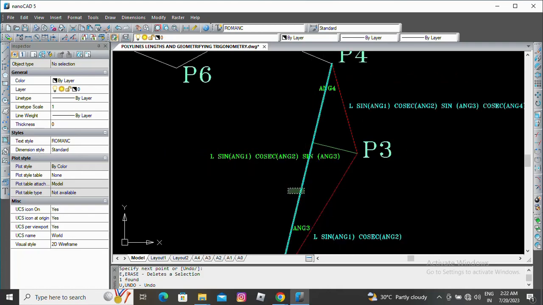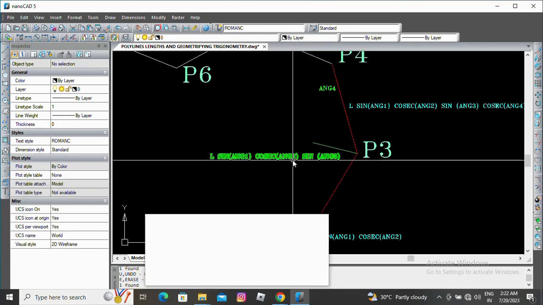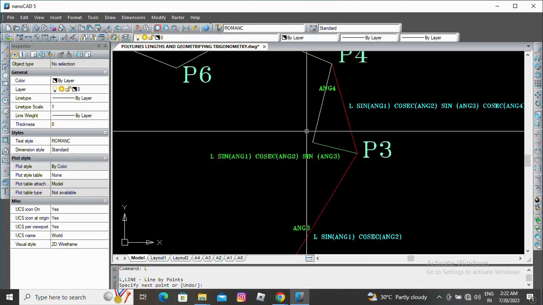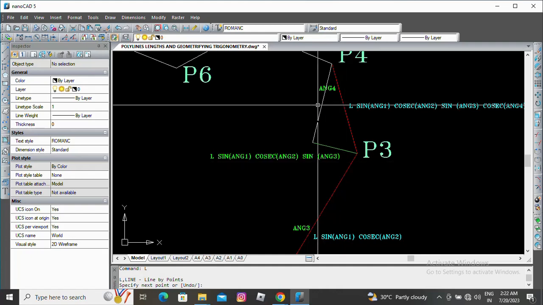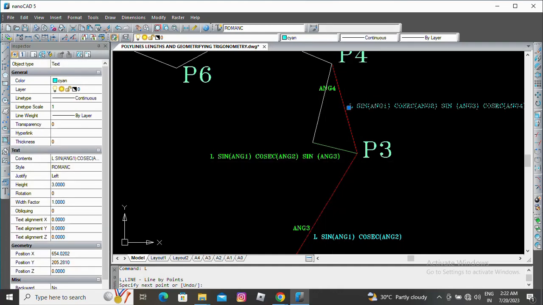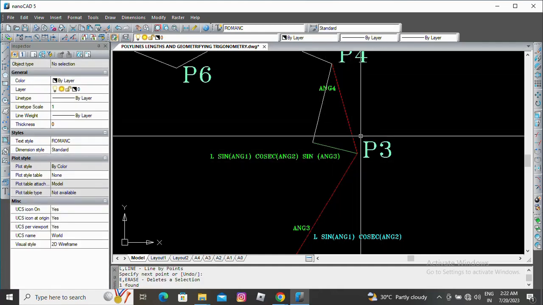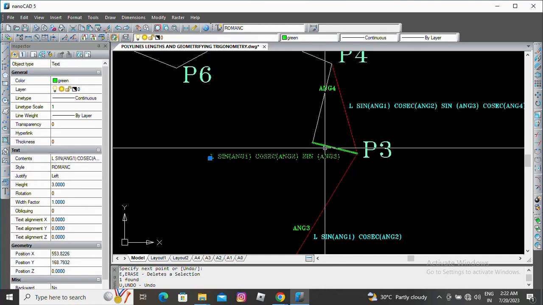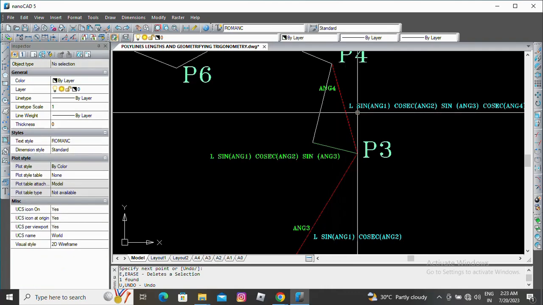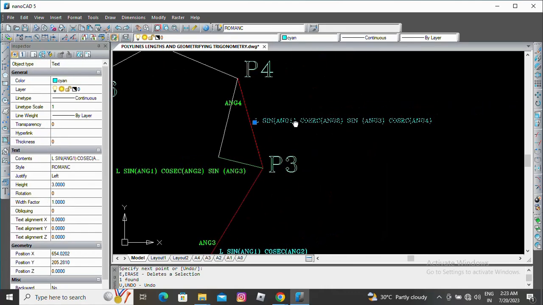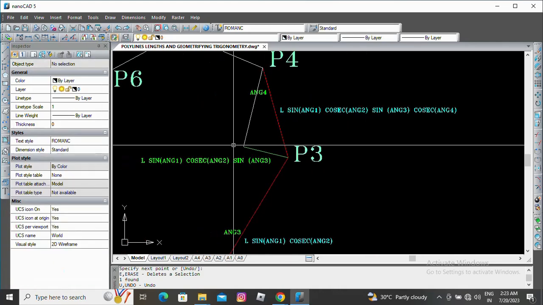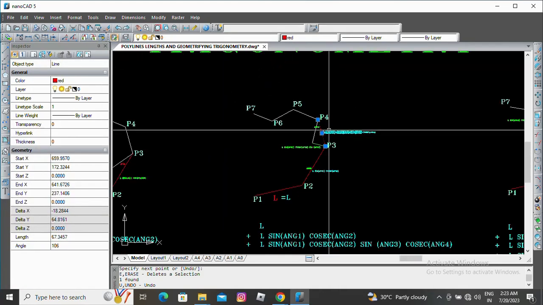And if we take only this triangle, we can find the red line segment's length, as this one is given and angle 4 is given: L sine angle 1 into cosec angle 2 into sine angle 3 into cosec angle 4. In this way, this additional line segment is also found.